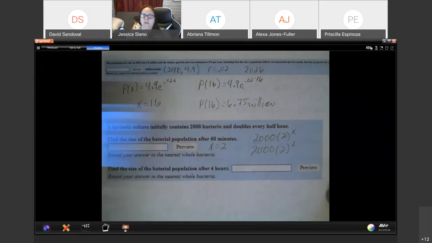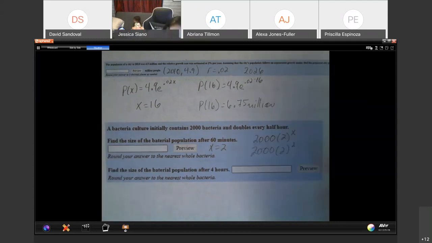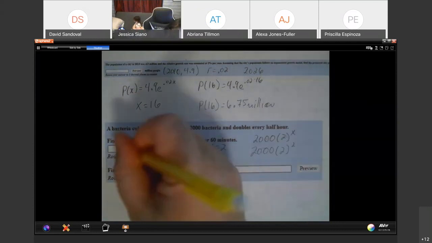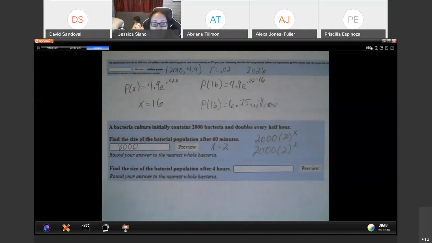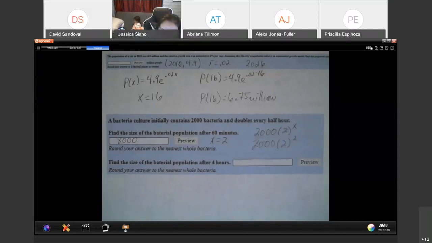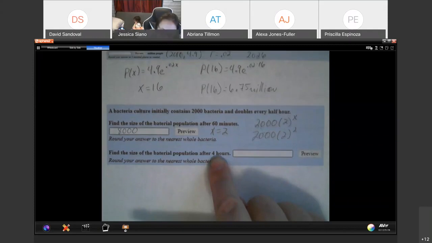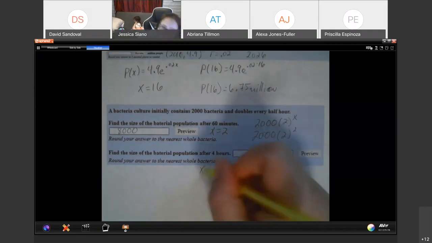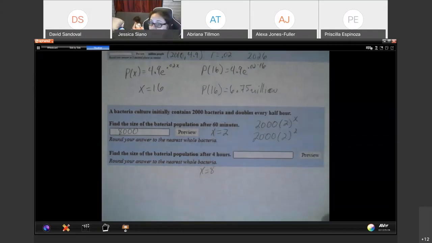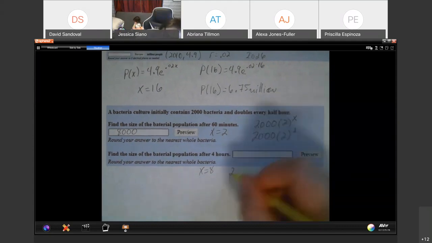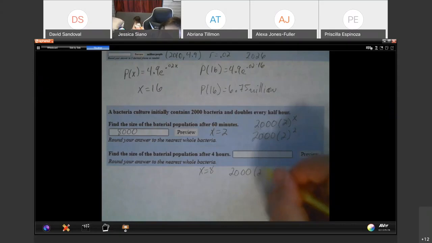And that makes sense. From 2,000 to 4,000 in the first half hour, from 4,000 to 8,000 in the second half hour. After 4 hours, you would have doubled 8 times if you're doubling every half an hour. So then that means we need 2,000 times 2 to the 8.